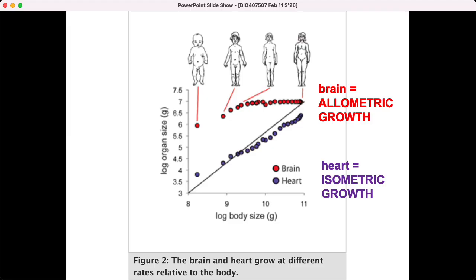An alternative to isometric growth is called allometric growth, and that just means the ratios are not scaling. They don't match, and that's really common, and there are lots of examples of that in our body, like the size of our brain. When we're a newborn, we already have a really big brain in a little body, right? So body size to brain size is allometric in us.